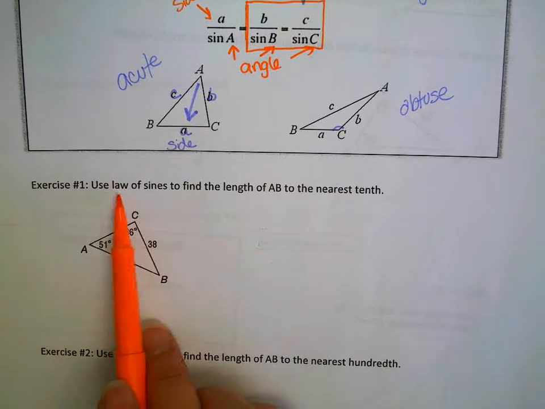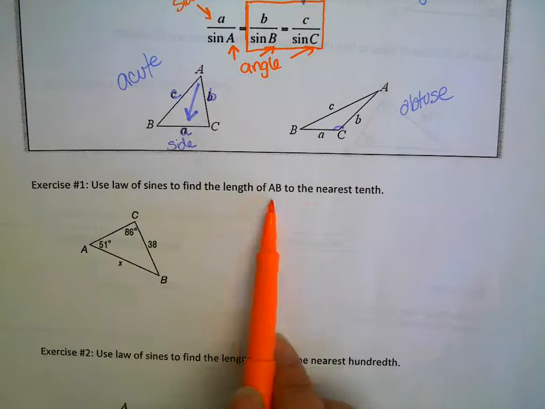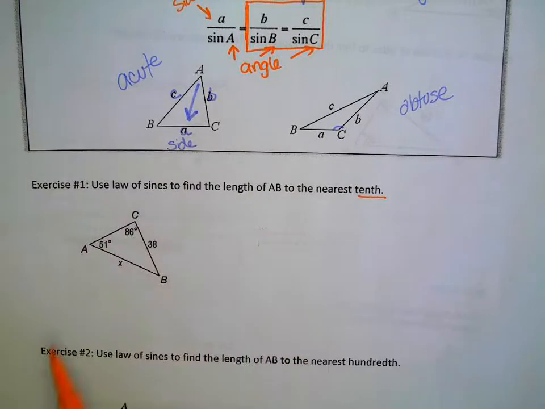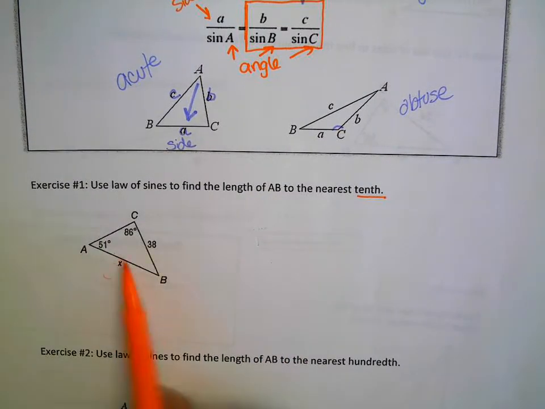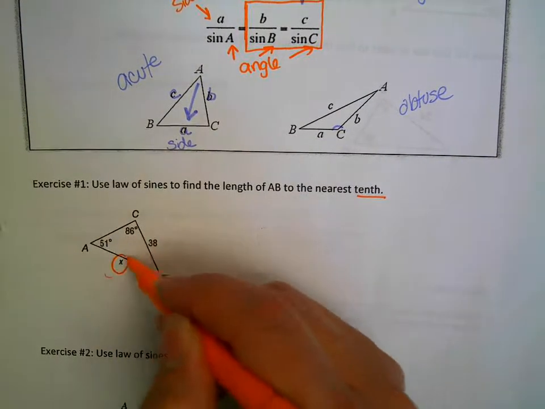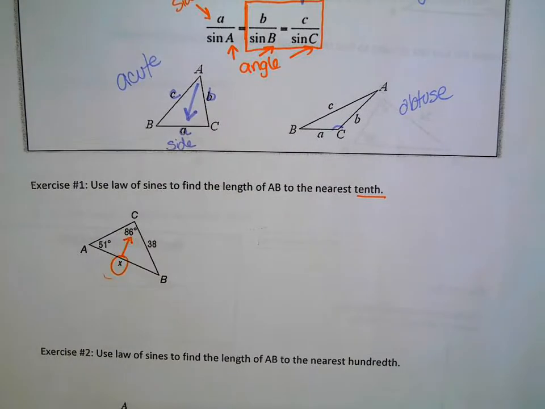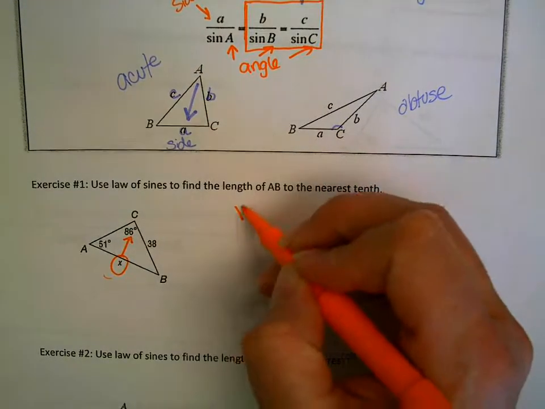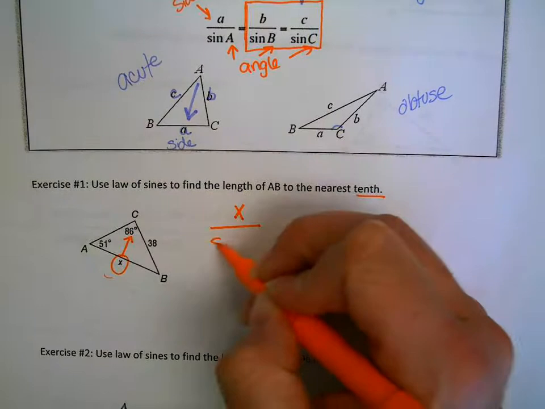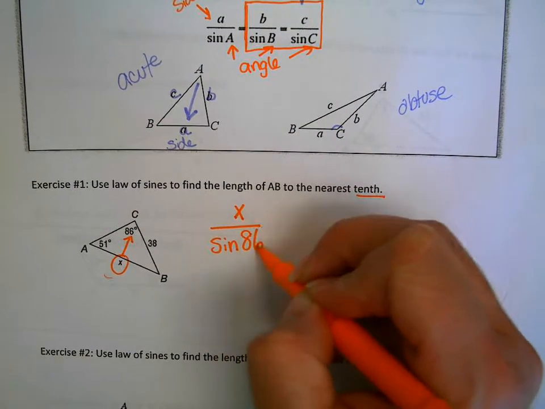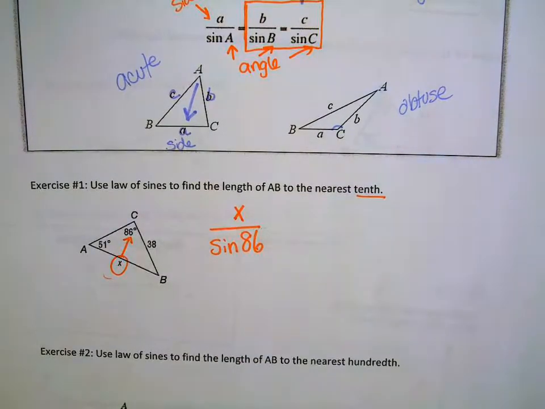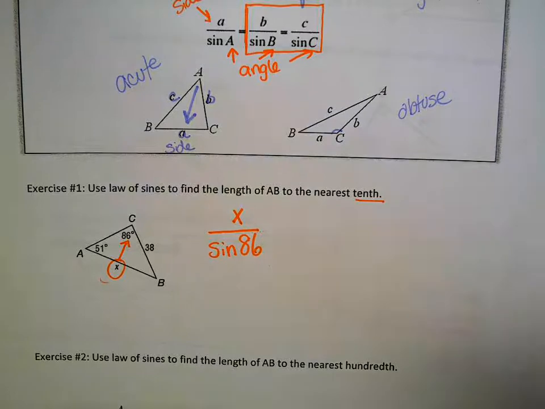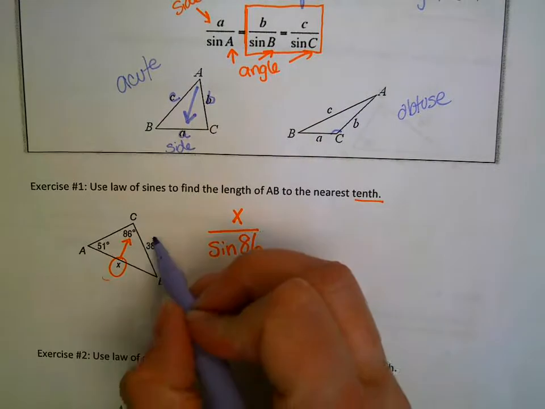Exercise 1. Use law of sines to find the length of AB to the nearest tenth. So this is the side we're looking for, and this side x is opposite that angle of 86 degrees. So how we're going to put this in is that side x is over sine of 86 degrees. The other side we're given is 38.